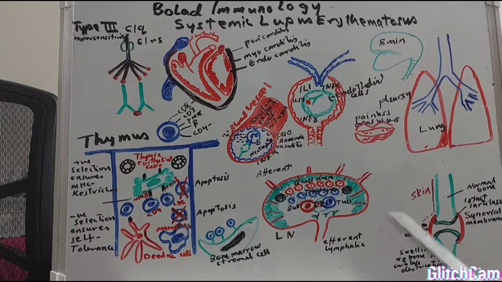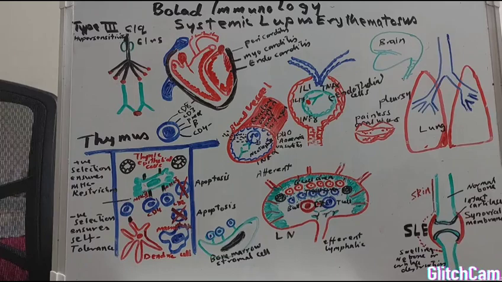Here, this is the stromal cell of the bone marrow. Through their membrane-bound autoantibodies, they interact with cells in the milieu of the bone marrow.